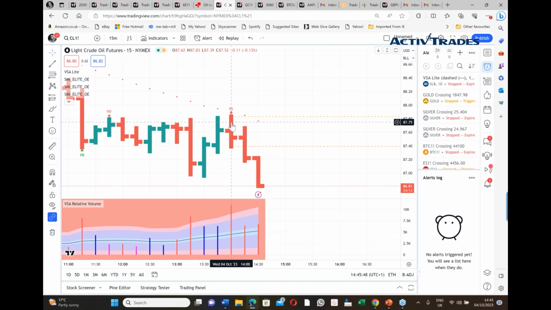I can't do any more, in my opinion, than show exactly that. There is potential hidden selling, and it's there. It doesn't disappear. And we know it's selling because of what the price bars do, and that's why it's falling. So it's now 86.